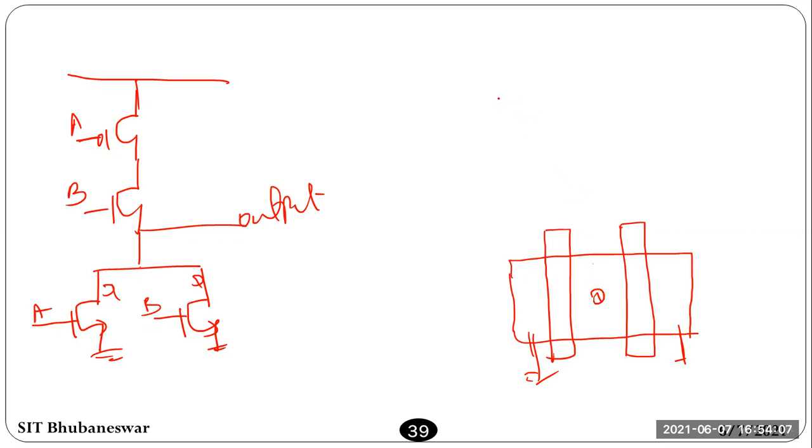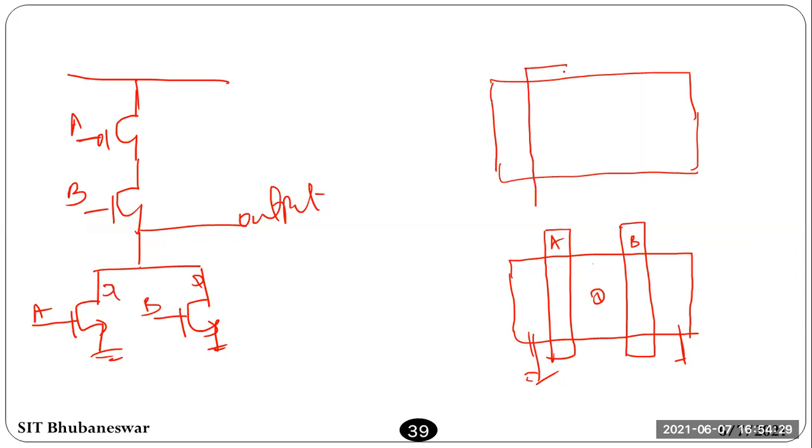Now similarly here also two transistors will be done. Suppose this is your A, this is B transistor. So after that you will connect this A to A.